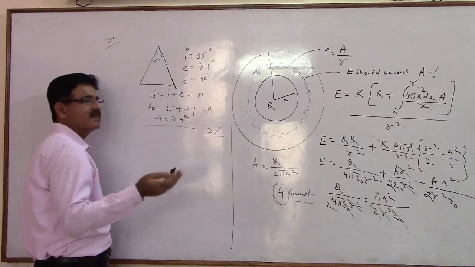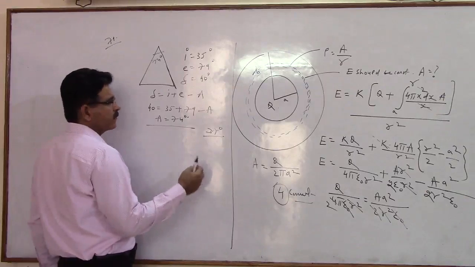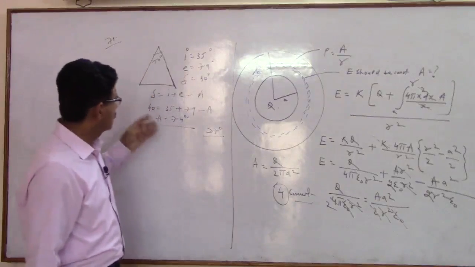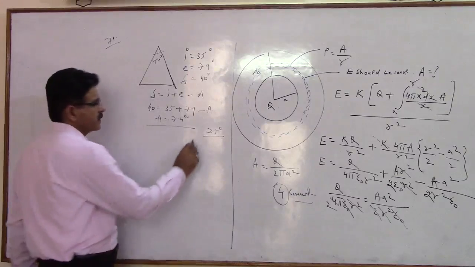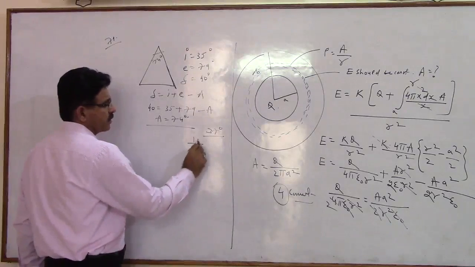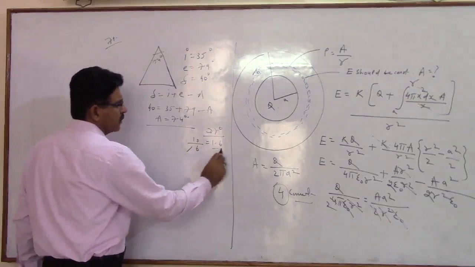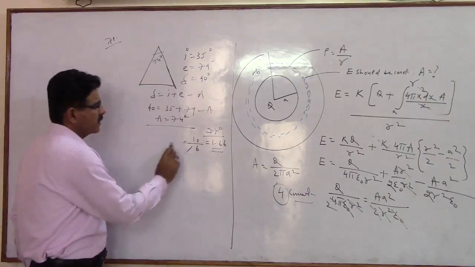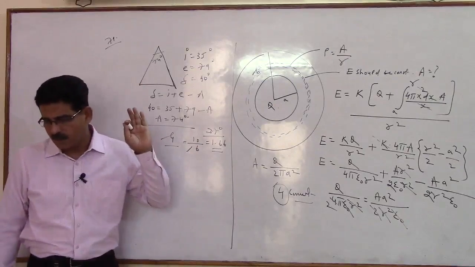You know sine 37 is 0.6. So cosec 37 is 1 by 0.6, which is 10 by 6, that is 1.66 I believe. Right. So this will be the condition for the maximum mu. It cannot be greater than this value.